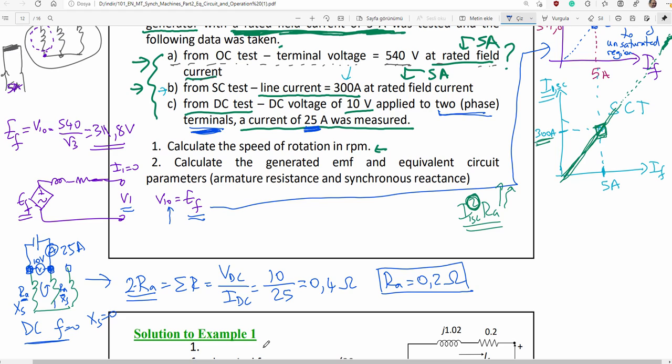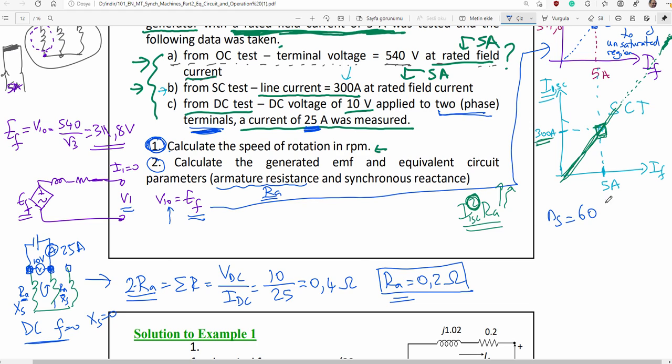Okay, now we have conducted the second part. In fact, we calculated the generated EMF and the equivalent circuit parameters. We have just calculated one of the equivalent circuit parameters, which is Ra. Now calculate the speed of rotation in RPM.